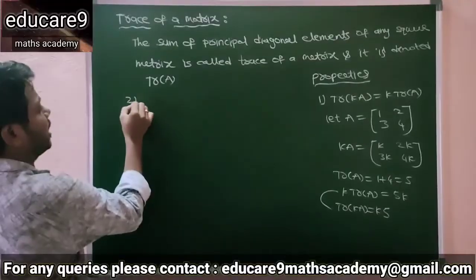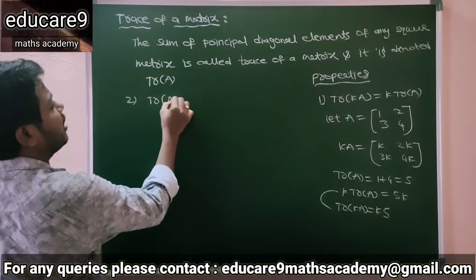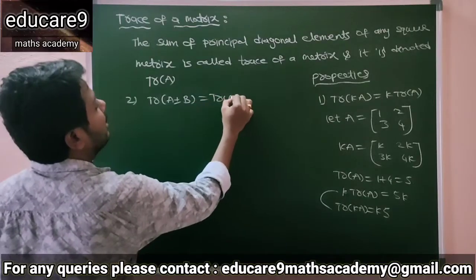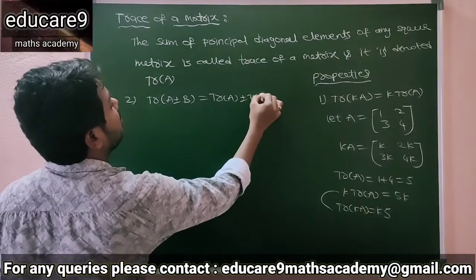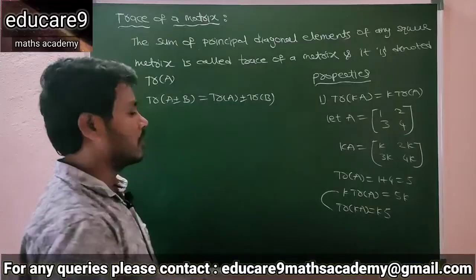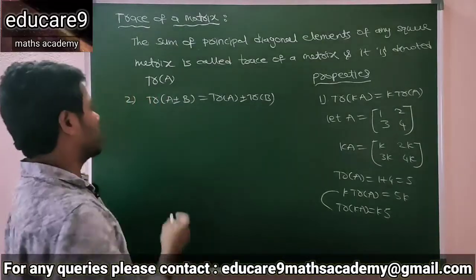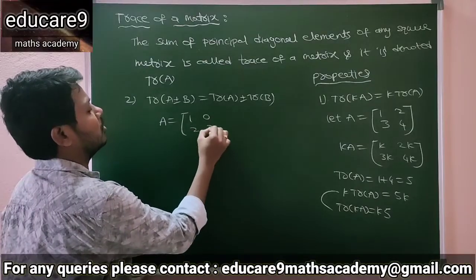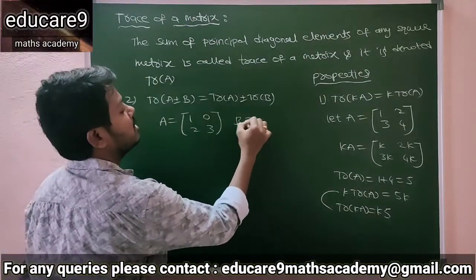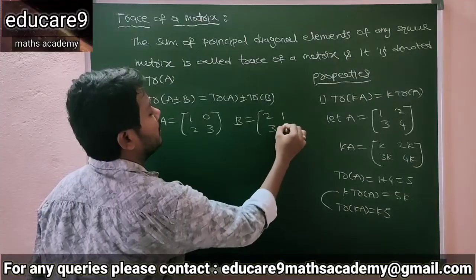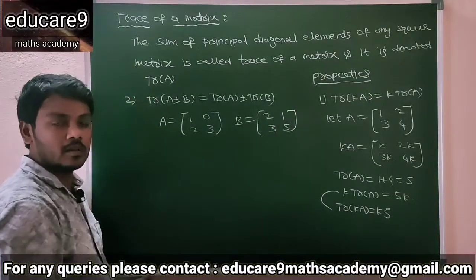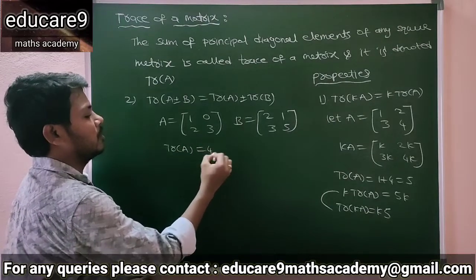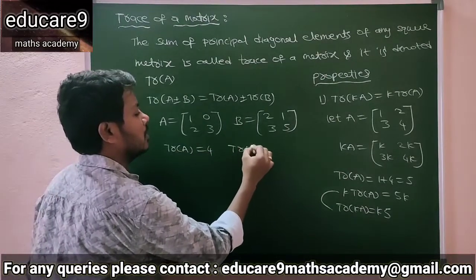Next property: trace of A plus or minus B is equal to trace of A plus or minus trace of B. For example, consider any two square matrices, A equals 1 0 2 3 and B equals 2 1 3 5. Find trace of A, that is 4, and trace of B, that is 7.